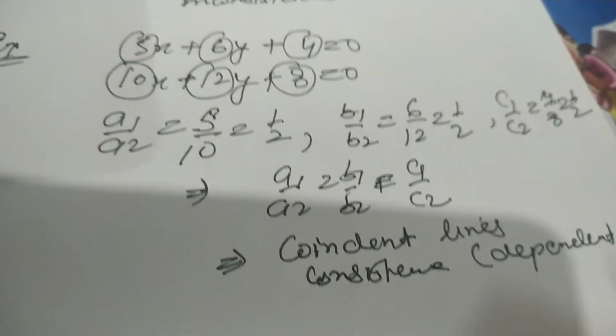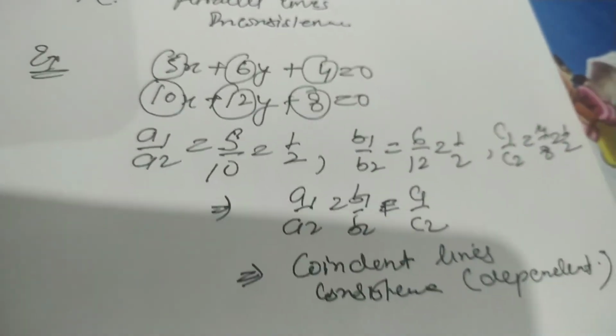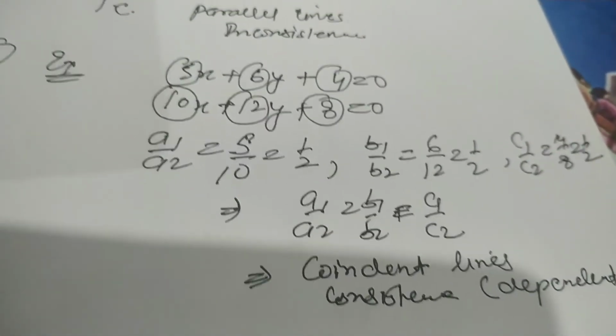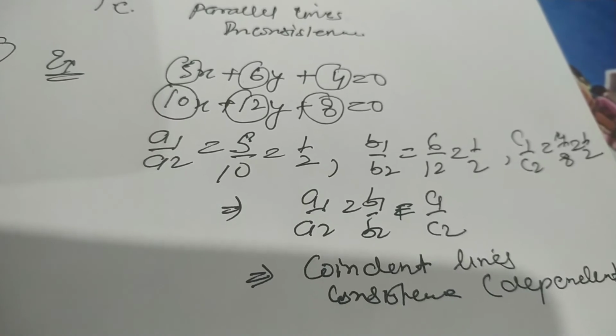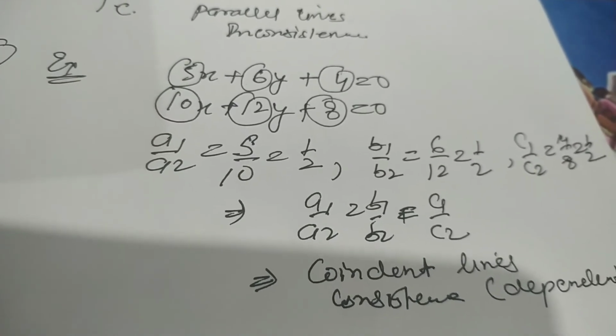If we solve one equation for any value of the independent variable x, we will get the dependent variable, and that will be the solution of the second one also.